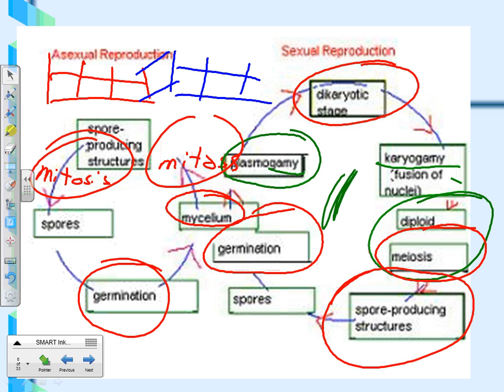When the environment's changing and the organism needs to what? Evolve, adapt, change. That can't happen without what? Evolution cannot happen without what? Genetic variation. And that's one thing that sexual reproduction gives us.